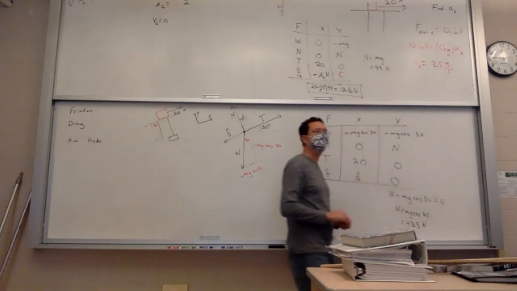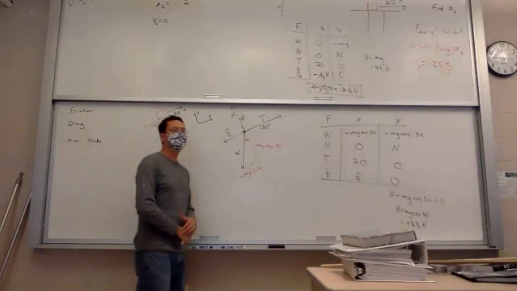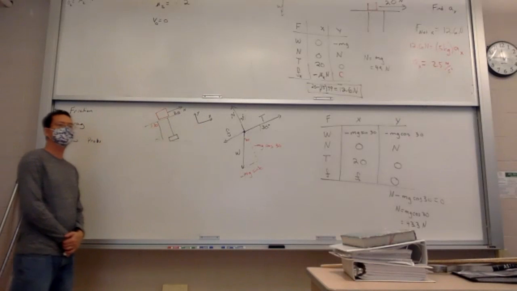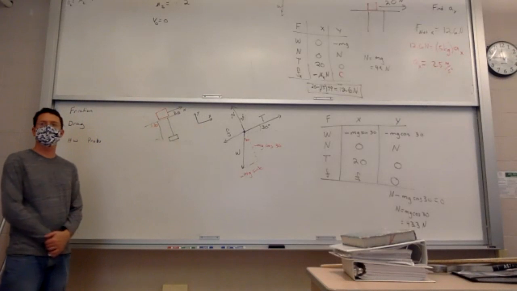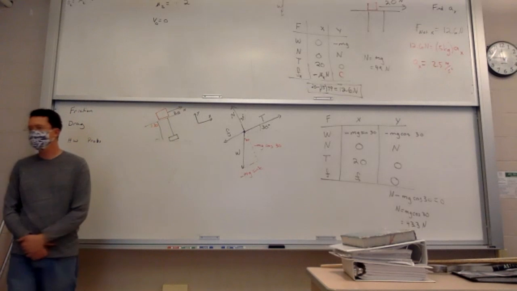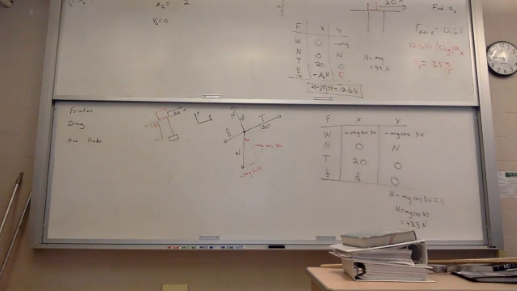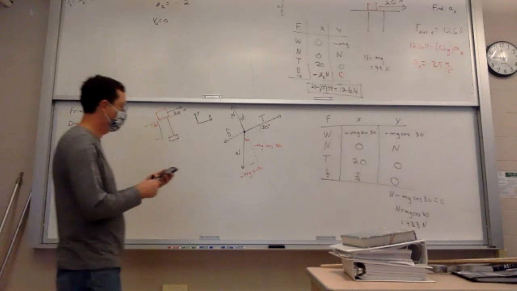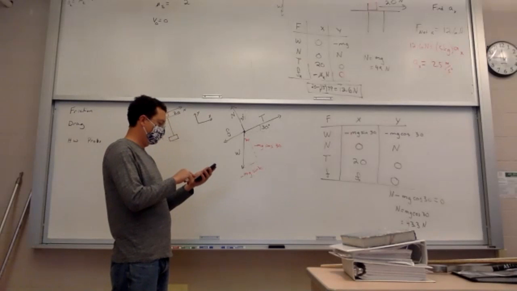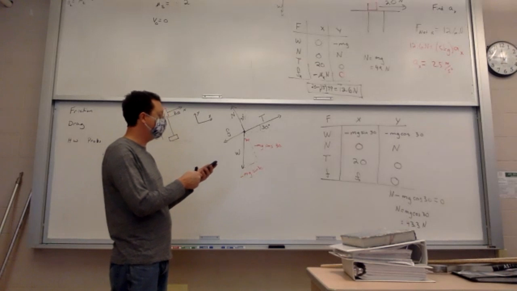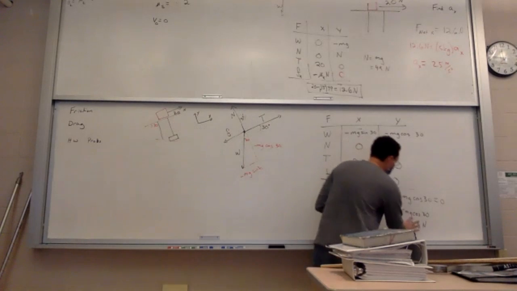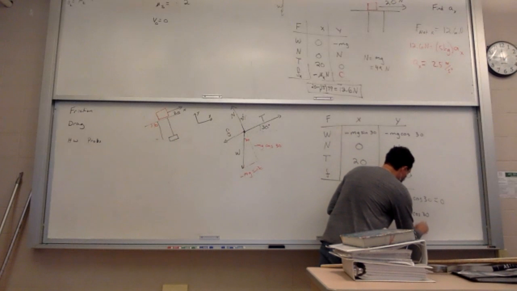Ballpark. Have a calculator. Five times 9.81 times cosine of 30 is 42.5. That's rounding things too much. 42.5.